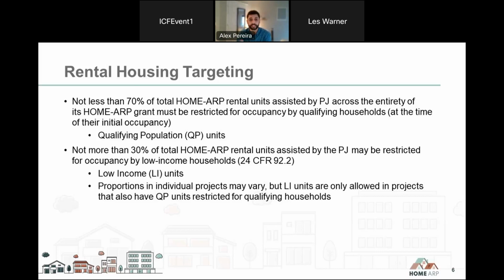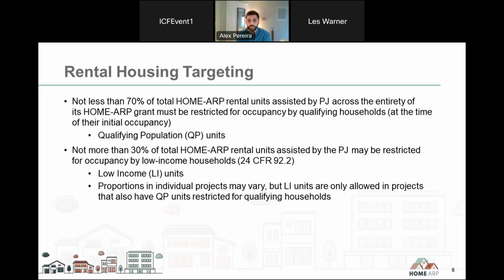What that also means then is that not more than 30%, or up to 30%, of, again, the total of HOME-ARP rental units under a PJ's portfolio may be restricted for occupancy by low-income households. And the definition of low-income households follows that that's defined under 24 CFR 92.2. It essentially means households earning no more than 80% of AMI.